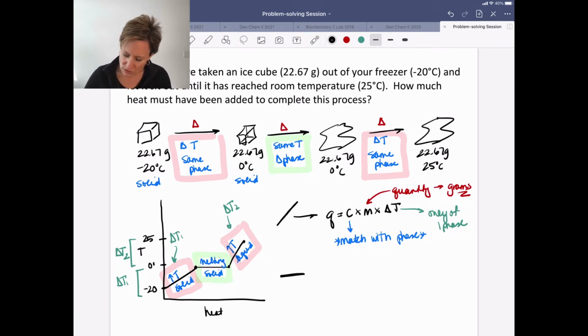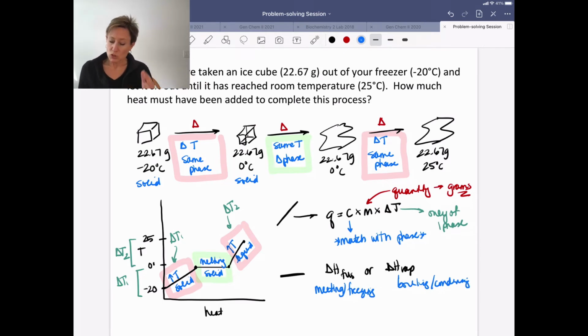I'm going to use an enthalpy parameter. I'm either going to use the delta H of fusion or the delta H of vaporization. The delta H of fusion has to do with melting or freezing, and the delta H of vaporization has to do with boiling or condensing.